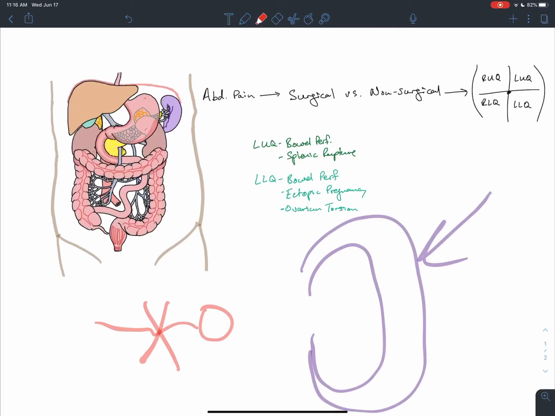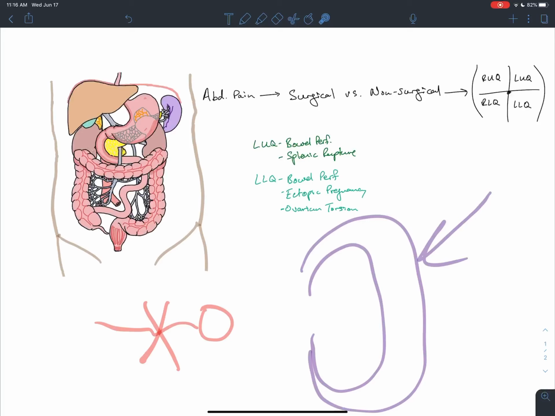And so the hard thing about ovarian torsion, though, is that it can be very subtle. It's a cramping abdominal pain. It can be severe, or it can just be very, very uncomfortable. As it progresses, it'll become more severe. But think of how many things are in this area over here. You can have appendicitis that looks like an ovarian torsion.